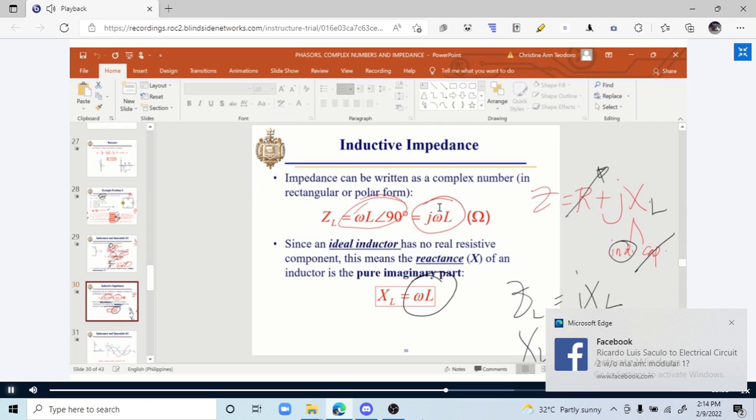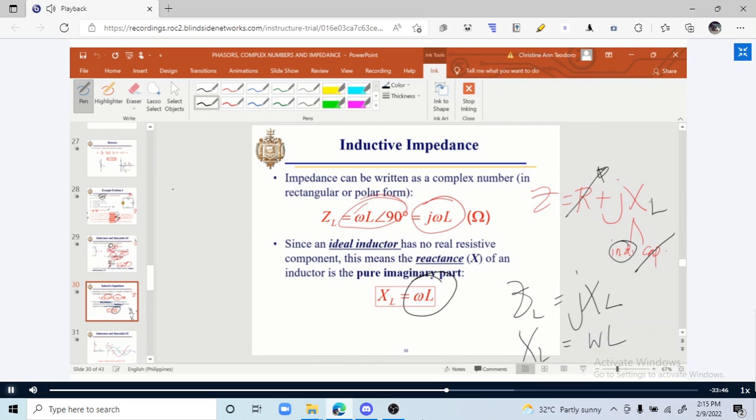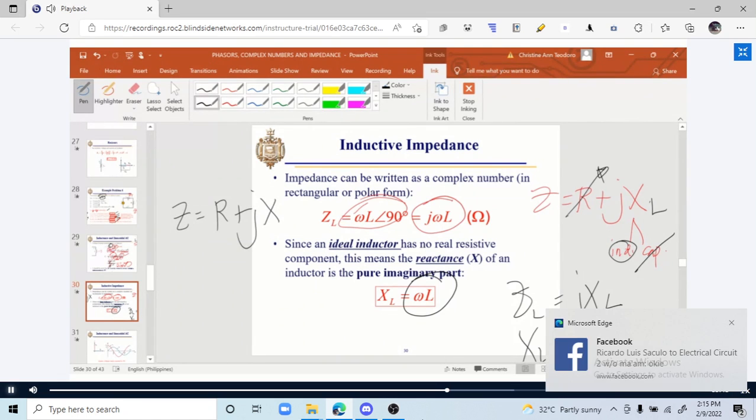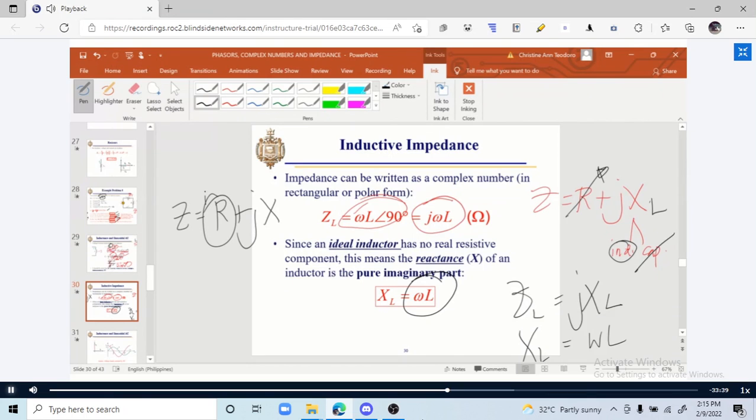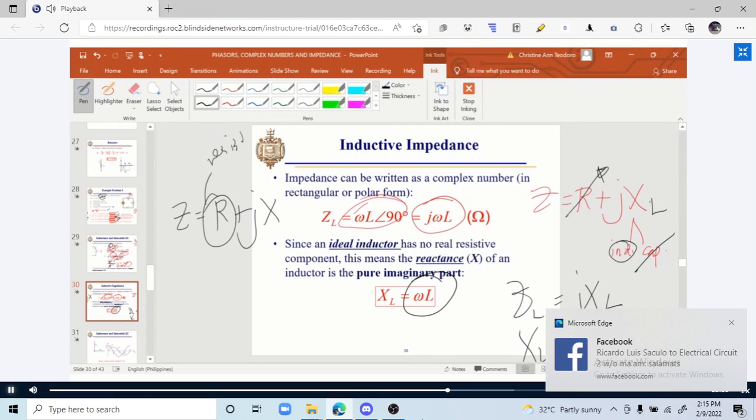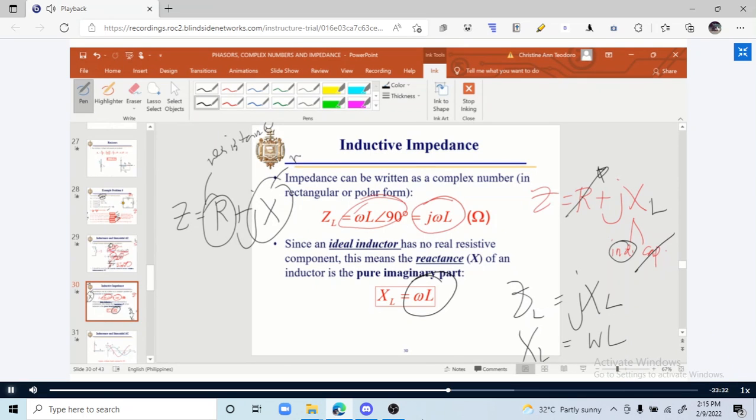As you can see, if we separate the Z, we have Z equal to R plus jX, correct, as mentioned a while ago. This one is the real part, which is resistance. Then I mentioned that this one is the imaginary part, which is the reactance, and the reactance is composed of either inductive or capacitive.